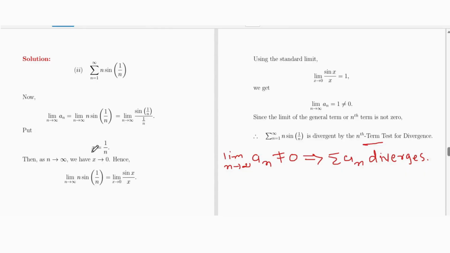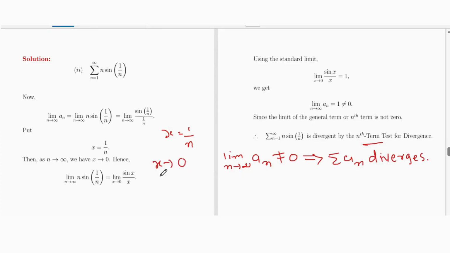Now next, take the assumption, put x equal to 1 upon n. So also we need to change the limit. As n tends to infinity, x tends to 1 upon infinity, so x tends to 0.